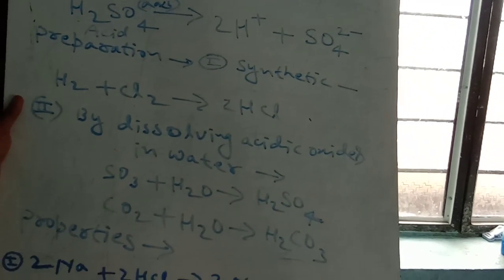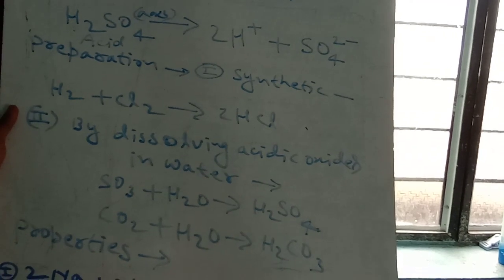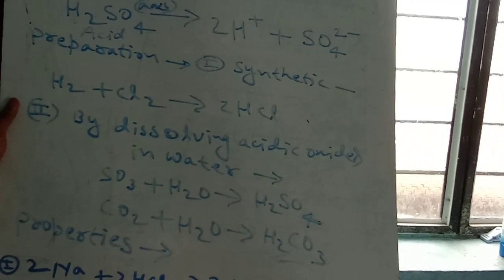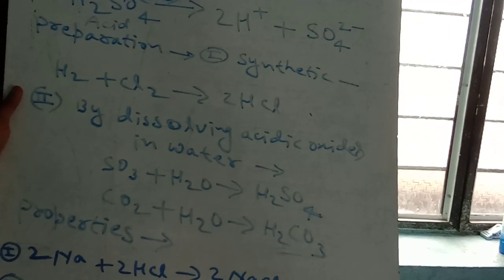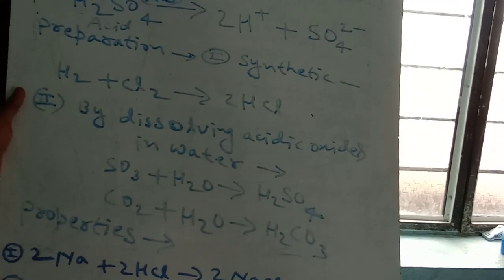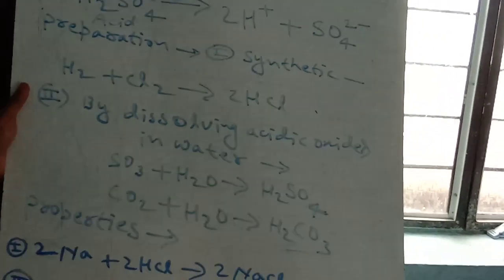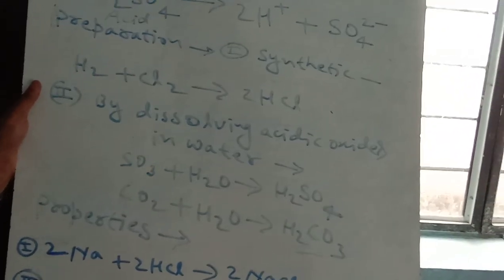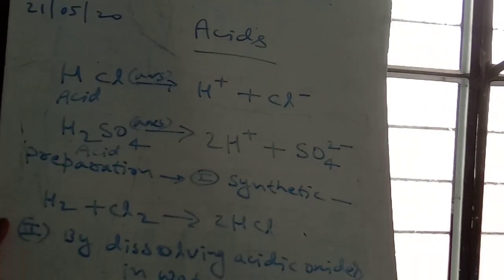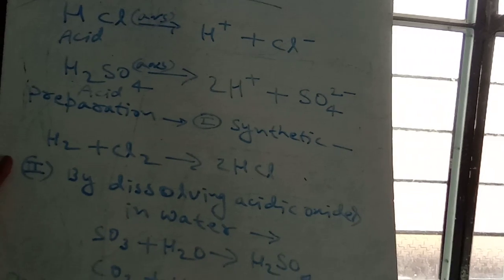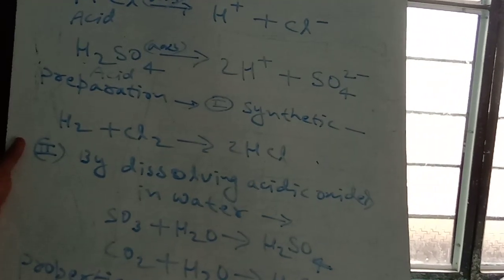You know some terms related to acid. Mineral acid: some acids are dissolved in water, so they are called mineral acids. Hydrochloric acid, sulfuric acid, nitric acid contain minerals. Organic acid: carbon-hydrogen based acid is called organic acid, like formic acid and acetic acid.